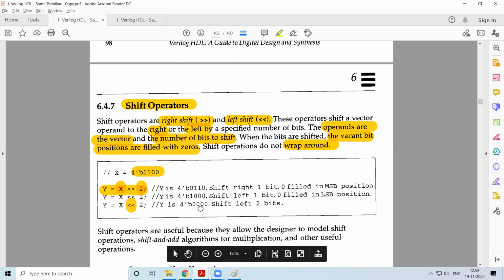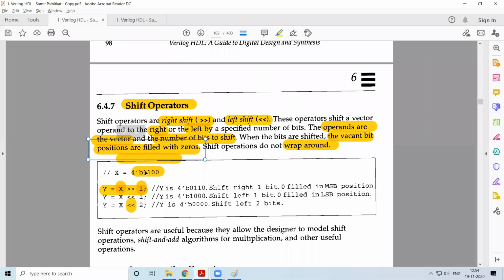Here it is actually a left shift, so I have to move in this direction. This bit has to move twice, so it is almost discarded. This bit has to move out this side, so this is also discarded. This bit moves two positions towards this side. So there are two vacant places, and these vacant places are filled with 0, 0. This is what is happening in these cases.